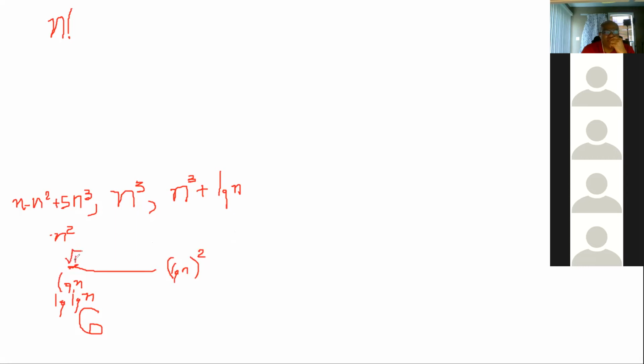I want to ask though, what makes log n squared the better performer than the square root of n? Between those two last ones, what makes one the better performing algorithm than the other? All right.